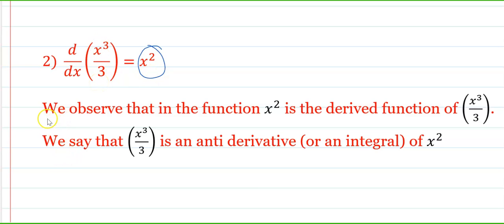We observe that x square is the derivative of x cube upon 3, and therefore we say that x cube upon 3 is the antiderivative or the integral of x square. We must know the derivative of the function, then we can find the integral of the function directly.